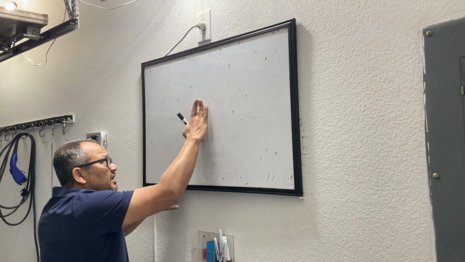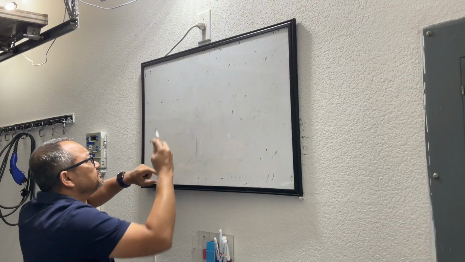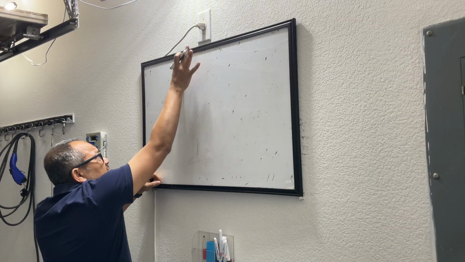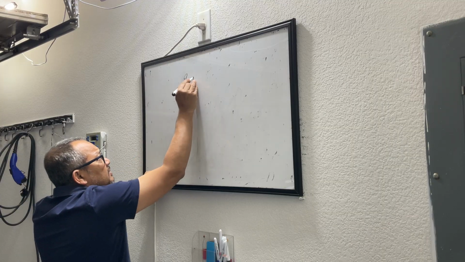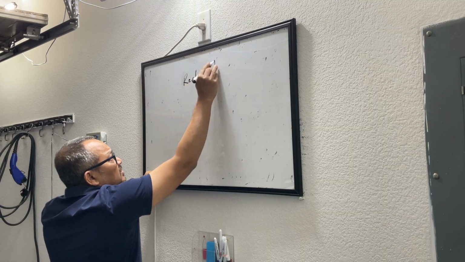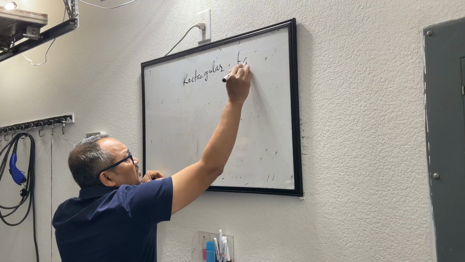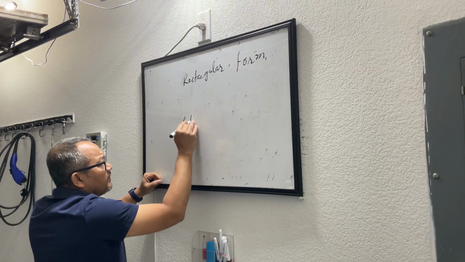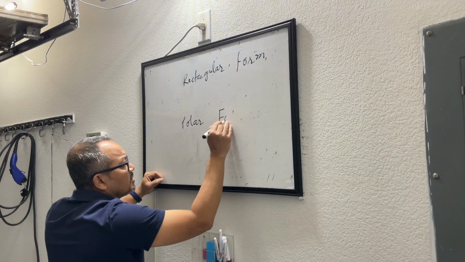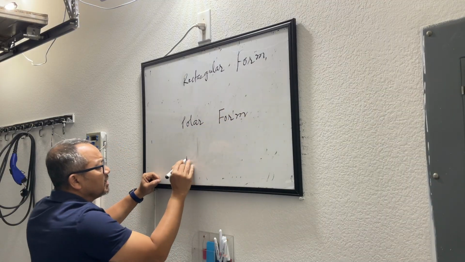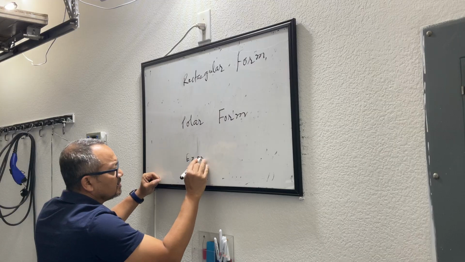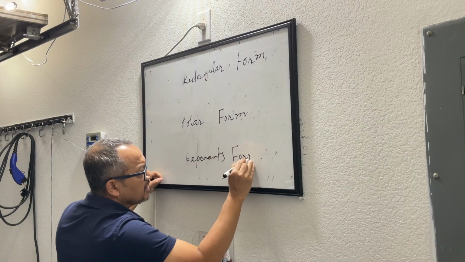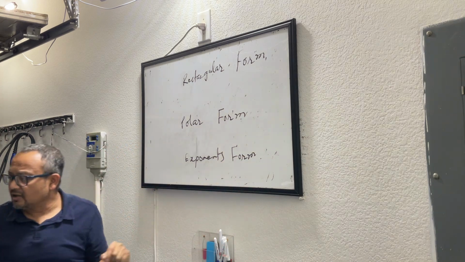As I mentioned, there are three different forms. One is called the rectangular form, the other one is called polar form, and the third one is called exponent form. These are essentially the three forms in which you can write any complex number.